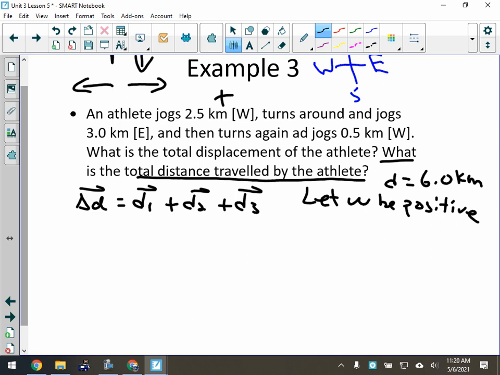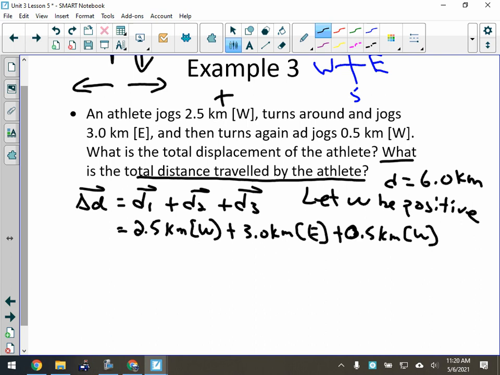So I'm going to take 2.5 kilometers, and I'm going to do this in the long version here. I'm going to add to that 3 kilometers east, and add to that 0.5 kilometers west again. This is where I would substitute in positives and negatives for directions. So this is a positive 2.5 kilometers for me. This is a negative 3.0 kilometers because it's east, and this is a positive 0.5 kilometers.